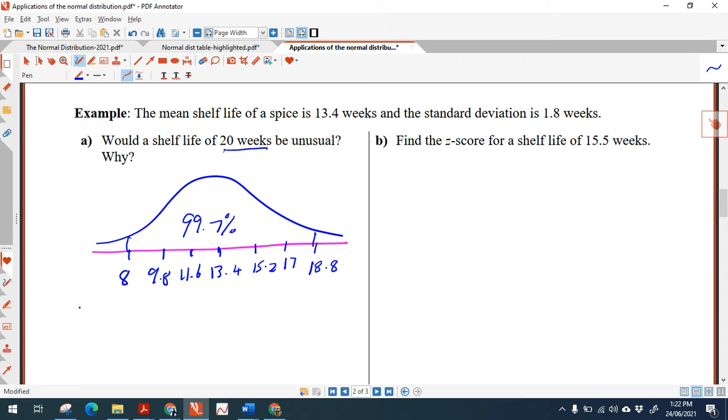So I'd say the answer is yes, since 20 weeks is more than 3 standard deviations above the mean.